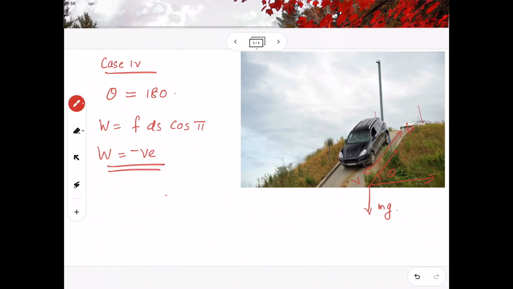That means work done is negative. So in the case where the displacement and the force are in opposite directions, then the work will be always a negative value. The best example is the applying of brakes when a car is moving on an inclined road or a level road.